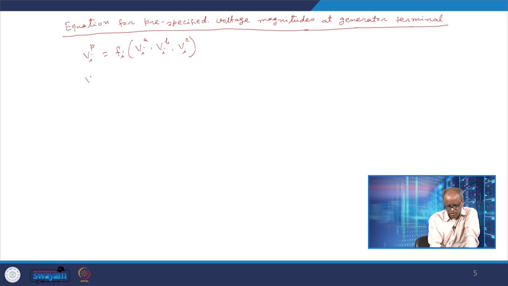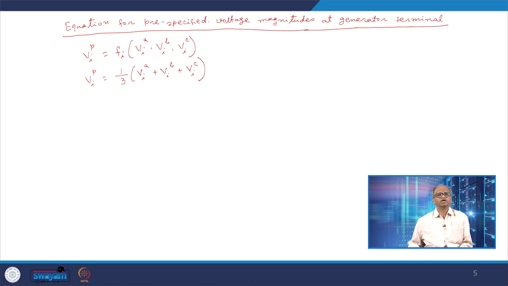Usually, what we take most conveniently is that ViP is just the average of ViA plus ViB plus ViC. So we just take the simplest possible function, the average of these three voltage magnitudes. Of course, there can be any other function.